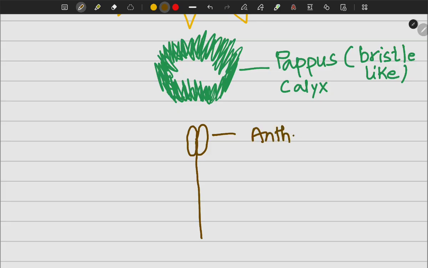The top part is called the anther, in which pollen grains are produced, and the thin stalk-like structure which supports the anther is called the filament. So when there are more than 2 stamens, and the anthers are fused while the filaments are free, such a condition is called syngenesious.